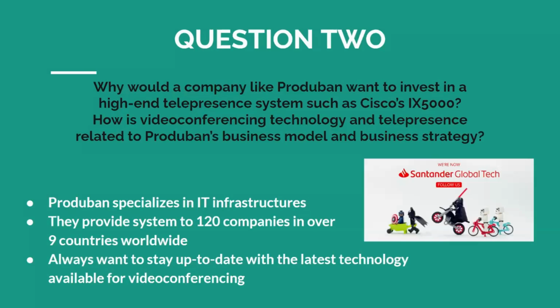Question 2. Why would a company like Produban want to invest in a high-end telepresence system such as Cisco's IX5000? How are video conferencing technology and telepresence related to Produban's business model and business strategy? Now, with more than 5,500 staff working in 9 different countries, Produban is the main host to 120 companies around the world.